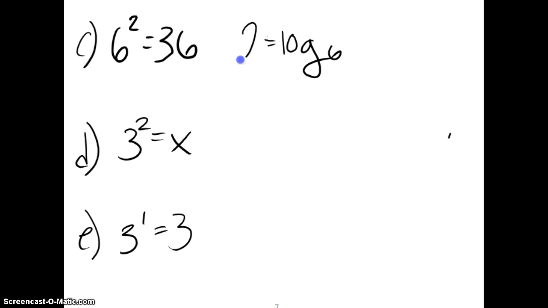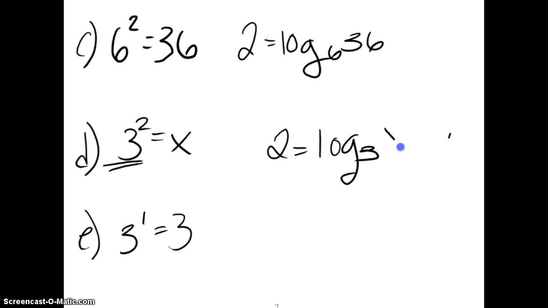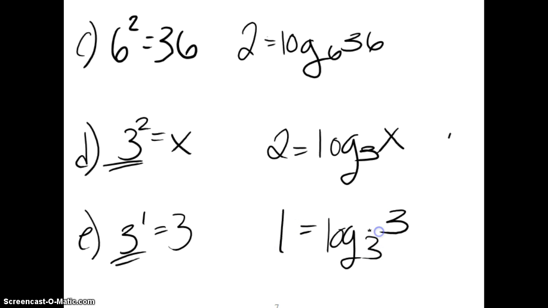My exponent is 2, and whatever's left over goes there. My base is 3. My exponent is 2. My base, that was a bad log. Sorry. My base is 3. My exponent is 1. And that's how we convert.